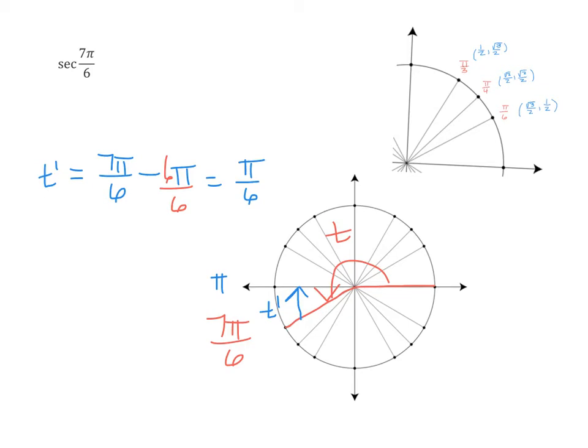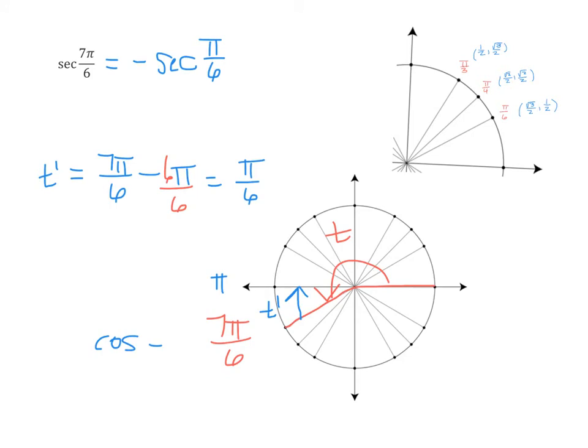So secant of 7 pi over 6 is going to be the same as the secant of pi over 6 except for the positive or negative. Okay, so secant, remember, is the reciprocal function of cosine, and that's going to have the same sign, positive or negative, that cosine does. In the third quadrant, cosine, and therefore secant, is negative. So that means that the secant is going to be negative, secant of pi over 6.